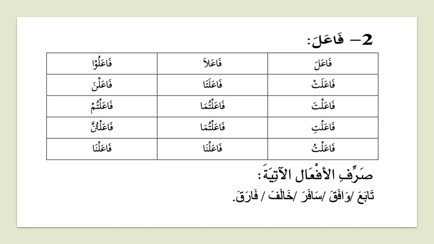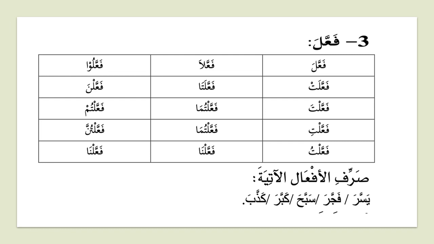So next one, فعل. يسر is to ease or facilitate something. Then you have فجر, to blow up. سبح. You can translate سبح. You should know this one. To glorify. سبح is to glorify. كبر, to magnify, yes.